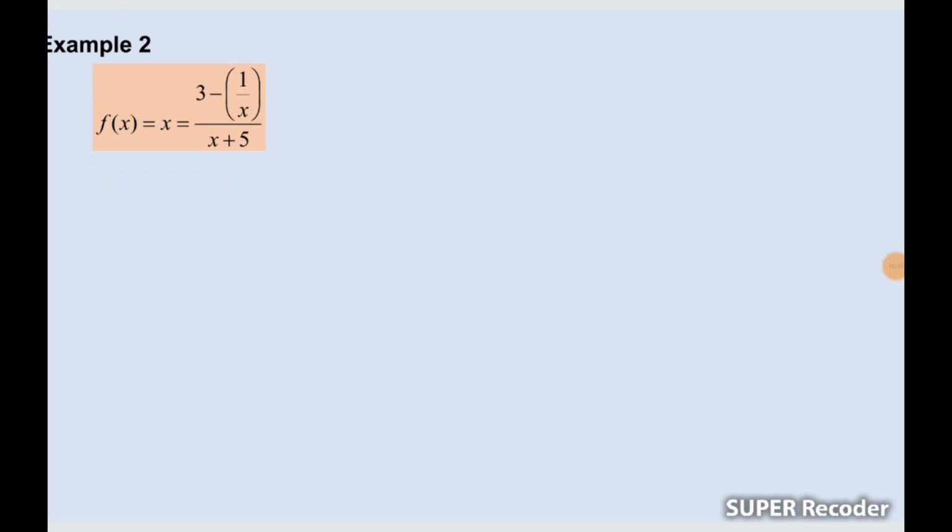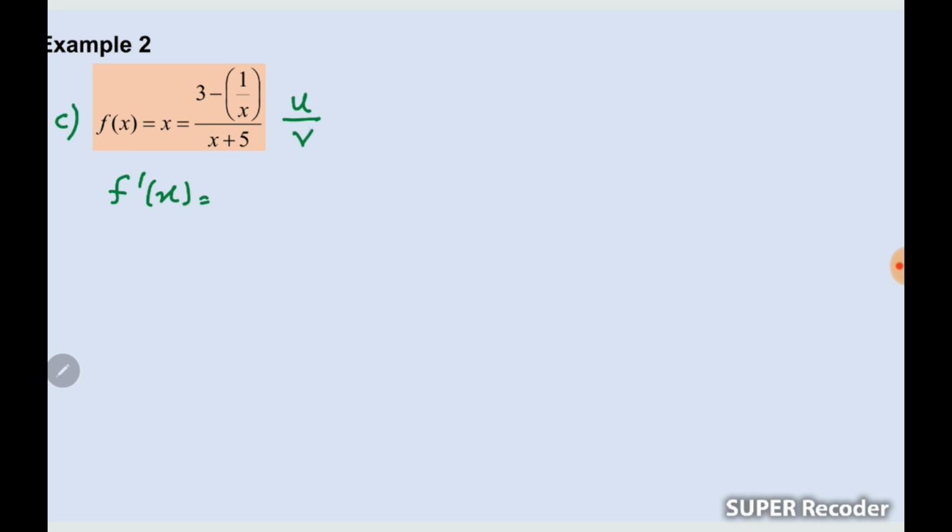Now I will continue with example 2, C. Given f(x) equals to 3 minus 1 over x, all over x plus 5. So f prime x is equals to, we will use the quotient rule here. The numerator is u, the denominator is v.